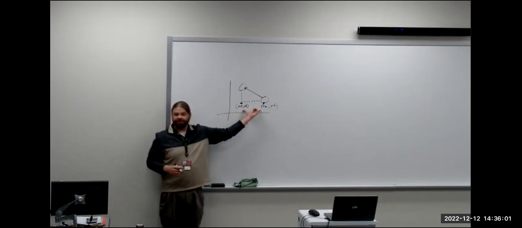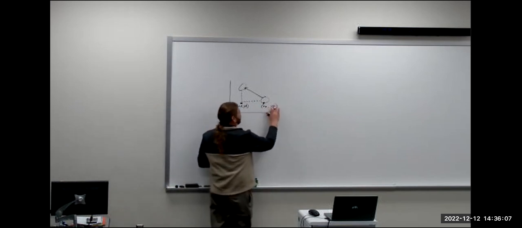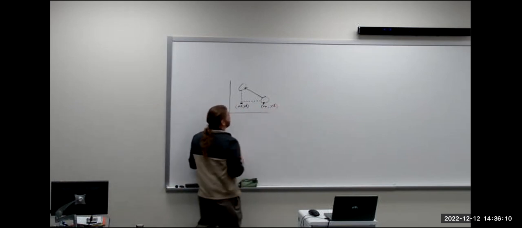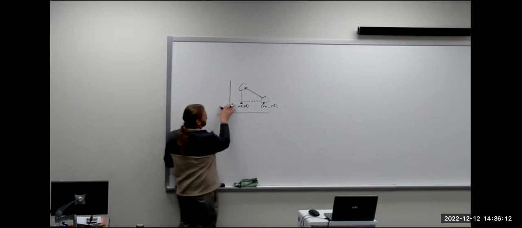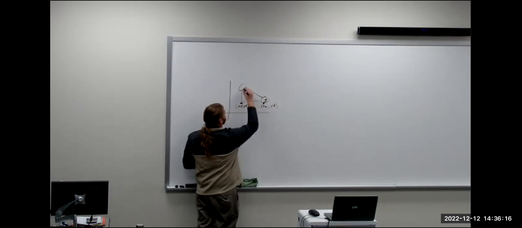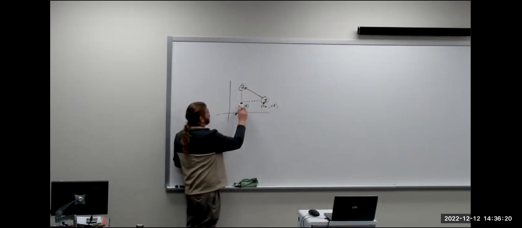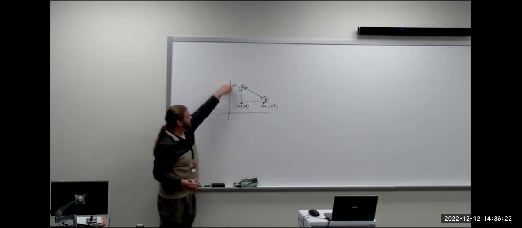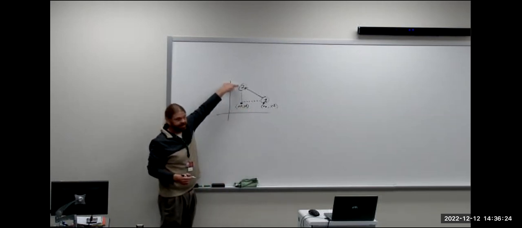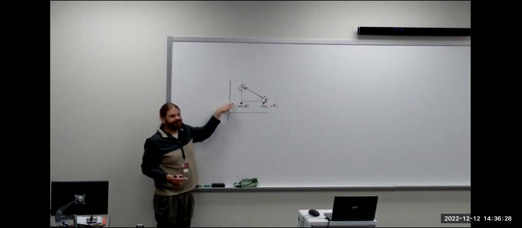We just need the difference between those X values. Oh wait, this would still be Y1. So this is the X value from that one, and the Y value from that one gets us down to the corner of the triangle here.